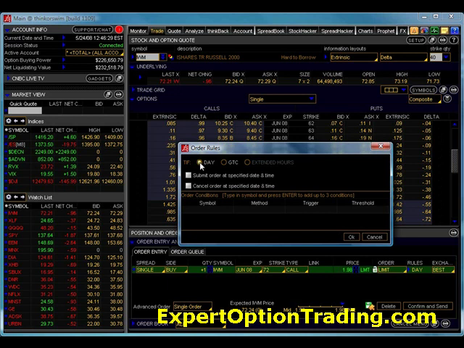If the market doesn't give you that price, then the order automatically expires at the end of the trading day, and you won't have that order in the very next day. It will cancel. It will just be over. They'll terminate the order, and you'd have to put the order in again the very next day if you wanted to continue to purchase that option.